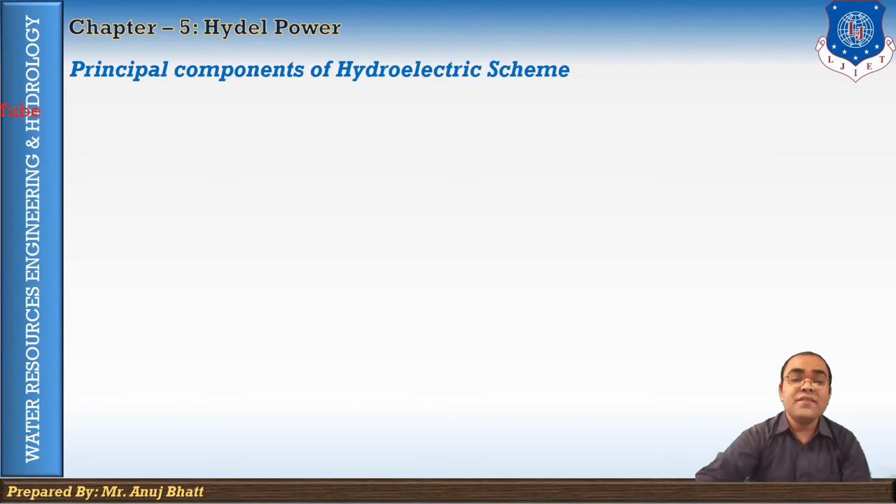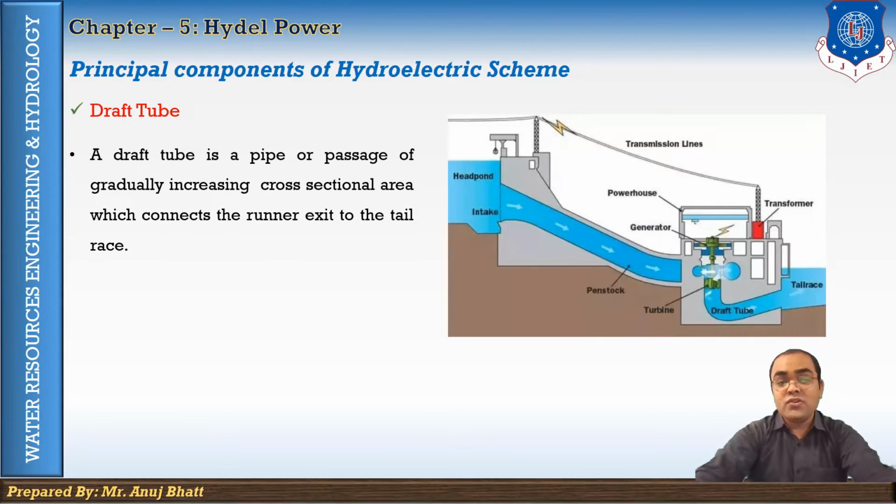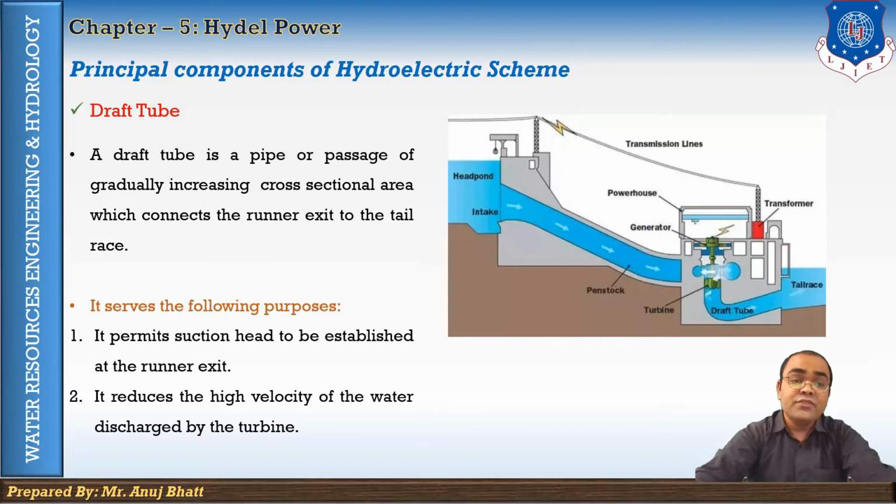The next is the draft tube. A draft tube is a pipe or a passage of gradually increasing cross-sectional area which connects the runner exit to the tail race. The purpose of a draft tube is to permit a negative or suction head to be established at the runner exit, thus making possible the placing of the wheel and connected machinery at some level above that of water in the tail race.